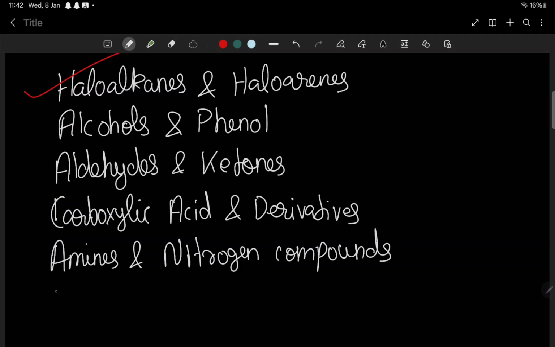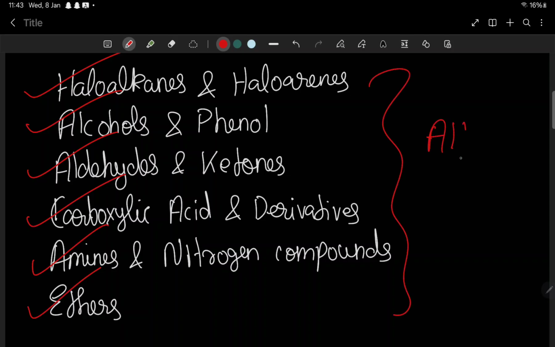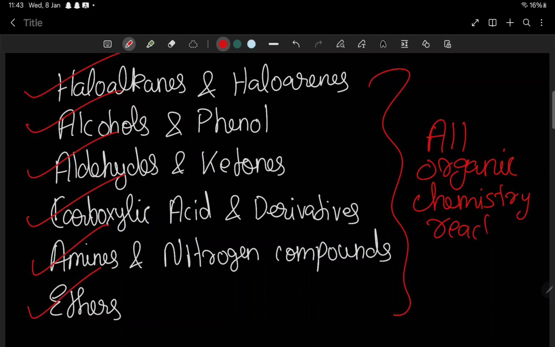Last but not the least, ethers. These six portions, with preparations, chemical reactions, important physical properties and important points, have been completed, and hence the organic chemistry reaction session comes to an end.